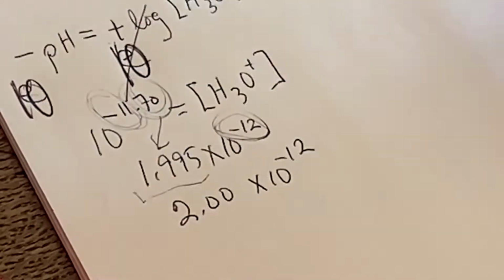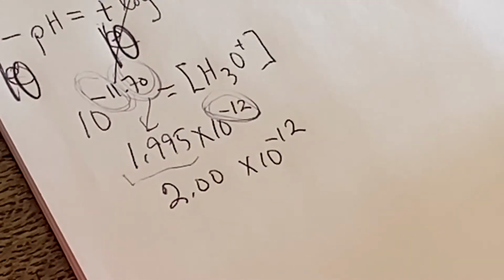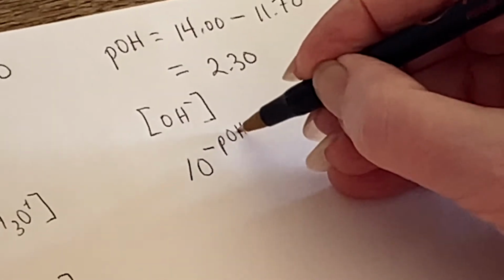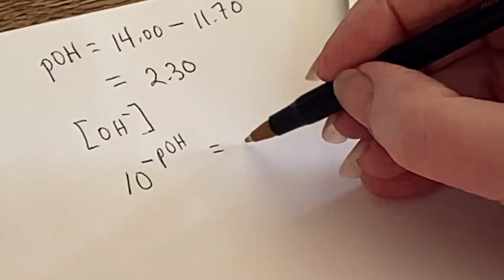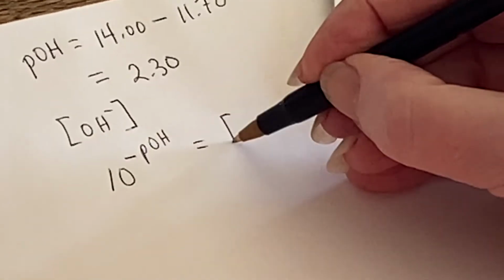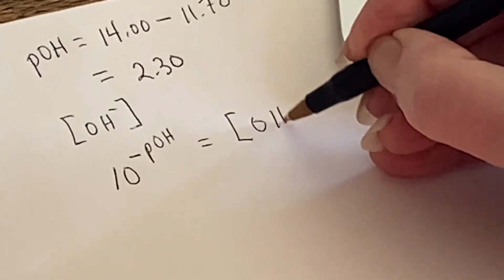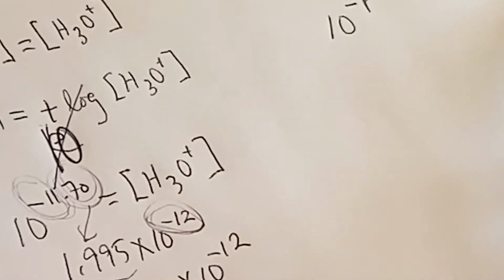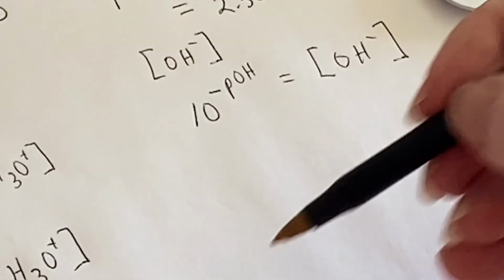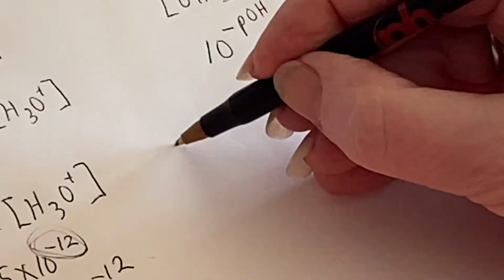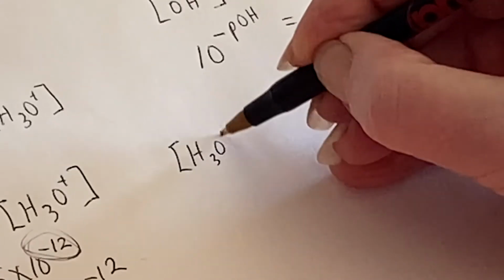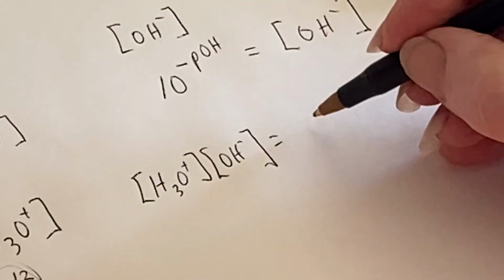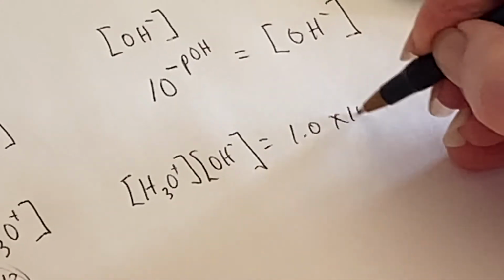Now at this point, we can either do the same process for this, saying 10 to the negative pOH is going to be equal to the concentration of OH minus. I've cut out all of the explanation and I've just done it, okay? Or we could say, hey, guess what? We know that the hydronium ion concentration times the hydroxide ion concentration should be equal to 1.0 times 10 to the negative 14.